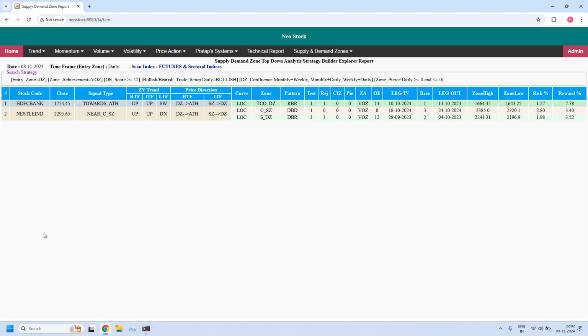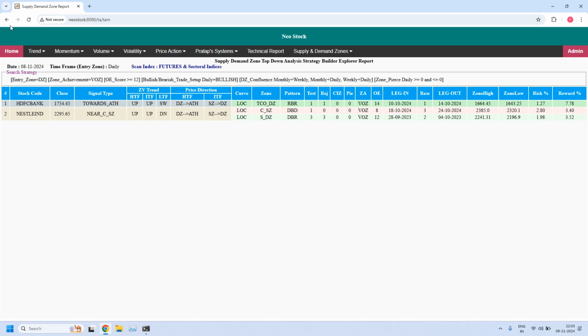In these 2 stocks, the daily zone, our entry time frame, both are daily demand zones. These daily demand zones are part of the weekly demand zone. Again, both together are part of the monthly demand zone. And now the monthly trend is up for both the stocks. If any of these monthly zones have monthly EMA confluence, they are even more high probability setups.